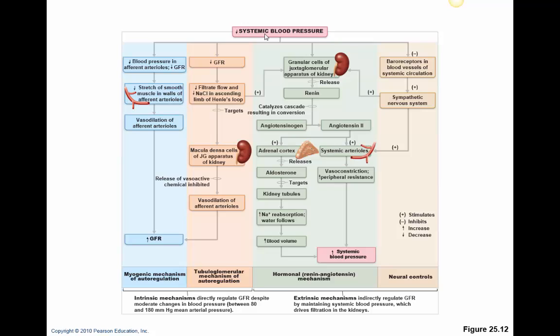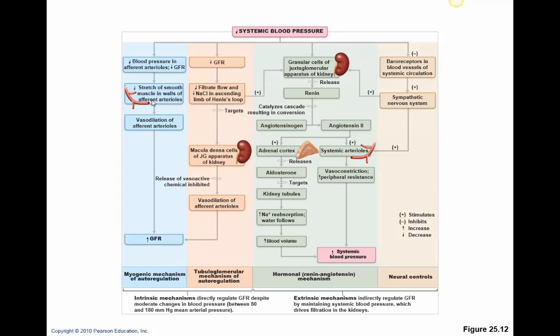If someone is having a hemorrhage, that's going to drop blood pressure very quickly, and the kidneys are going to respond reflexively using these intrinsic and extrinsic mechanisms to maintain homeostasis. The intrinsic controls maintain homeostasis in relation to glomerular filtration rate. So these two mechanisms are just selfishly acting on the kidney itself.